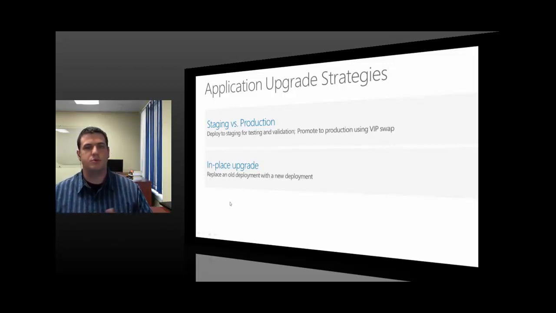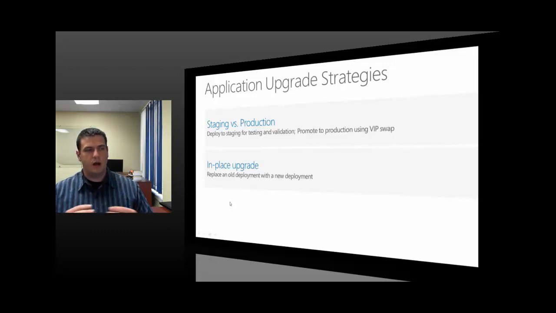That's what's called a VIP swap, or a virtual IP swap. The original virtual IP that you are assigned to specify where the load balancer is is now going to route traffic to another environment, so you're swapping the environments out.